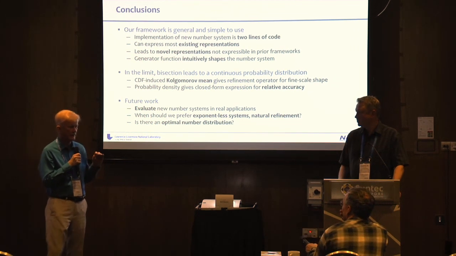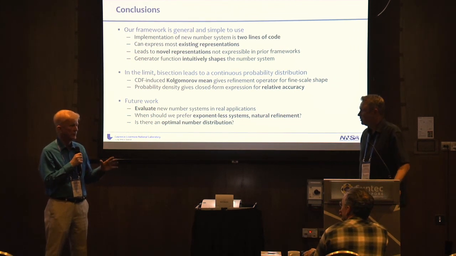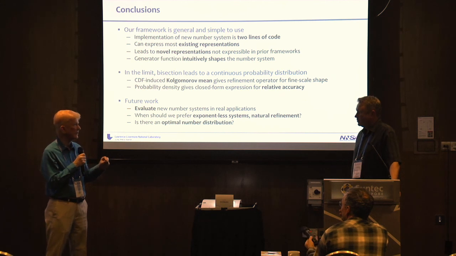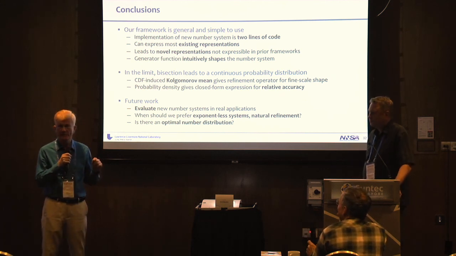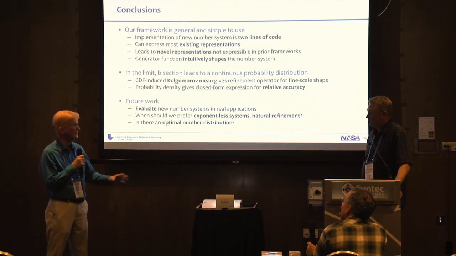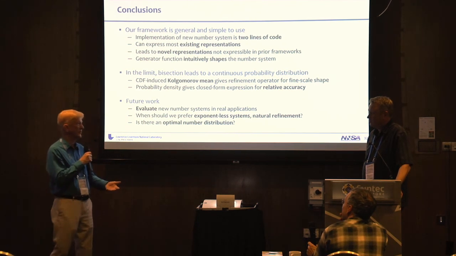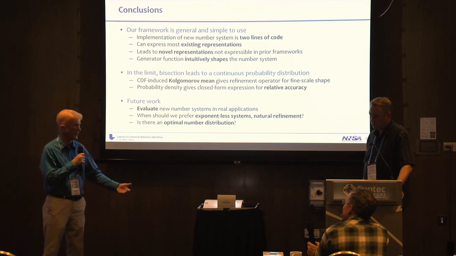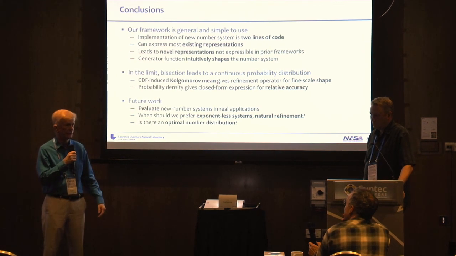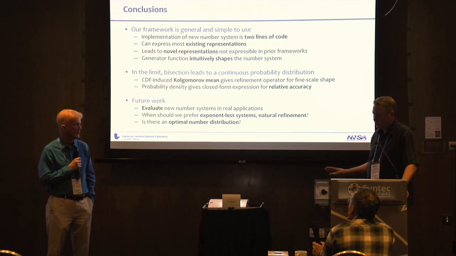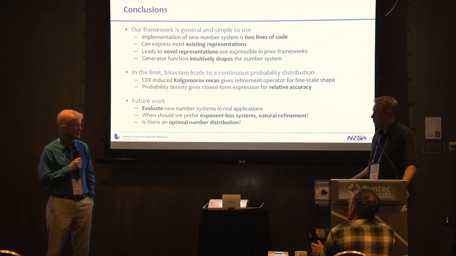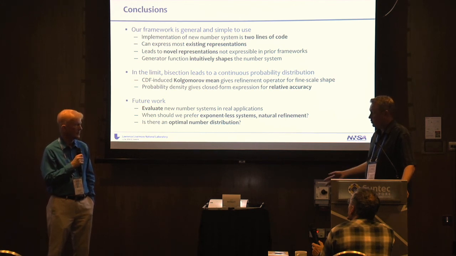There is one thing I have to comment about, which is that I don't believe you've included the idea of an exact dot product in any of your analysis. As soon as you do that, you'll discover that there's a big restriction on which systems can make a practical hardware of actually having a quire, that is, being able to do exact dot products with a small number of bits. That's a good point. I would think that this framework is actually orthogonal to that particular issue, because it's just about the representation of the numbers themselves.